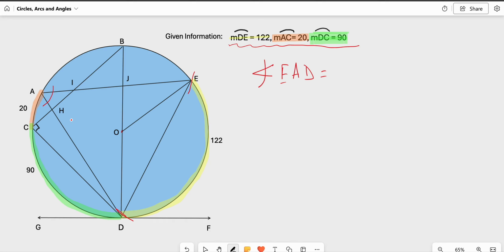And we know that an inscribed angle is equal to half the arc. So it's equal to 122 divided by 2. So 122 divided by 2 is 61. So we know that this angle is equal to 61 degrees.